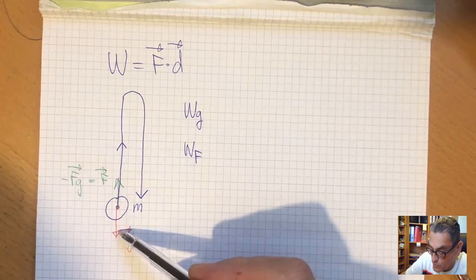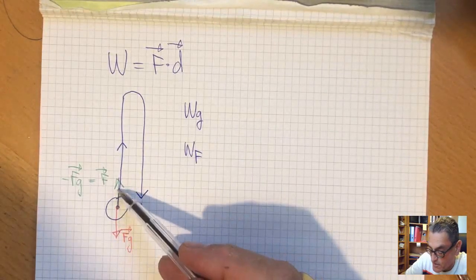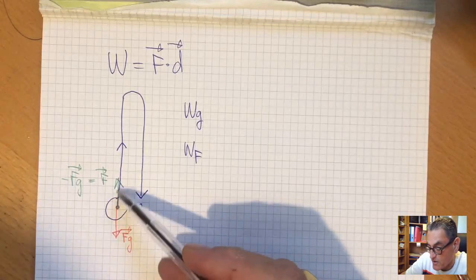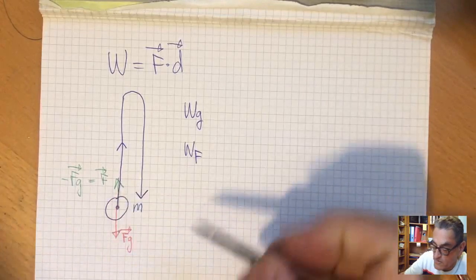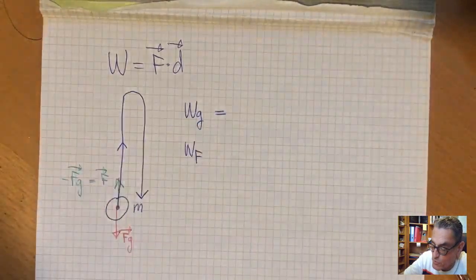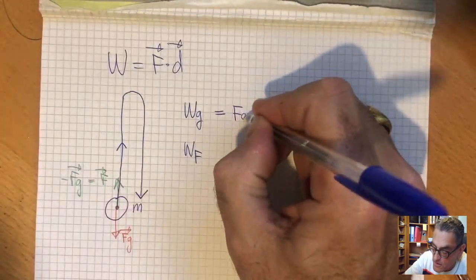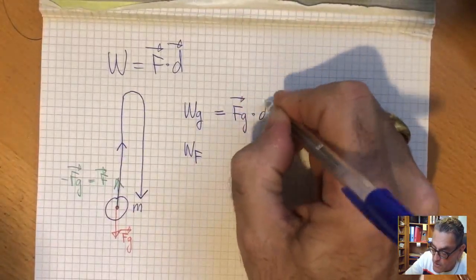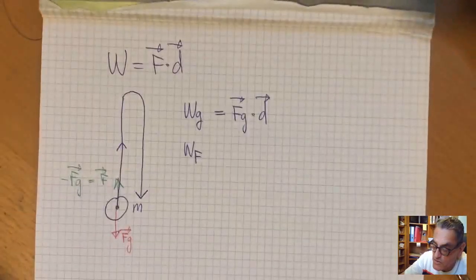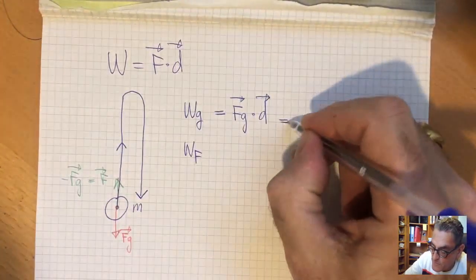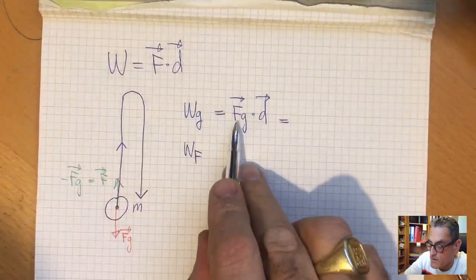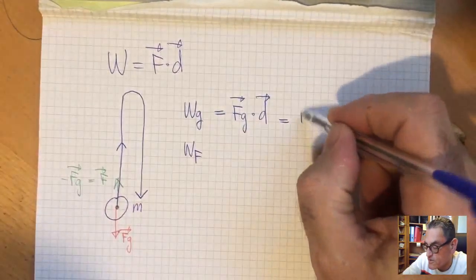Because the work of the gravitational force is going to have the opposite sign of the work for the force F. So let's compute the work of the gravitational force. It's the gravitational force scalar product with the distance. What's the angle between the gravitational force and the distance?